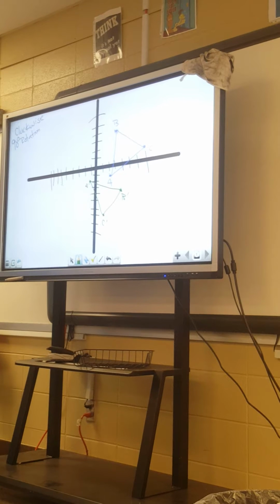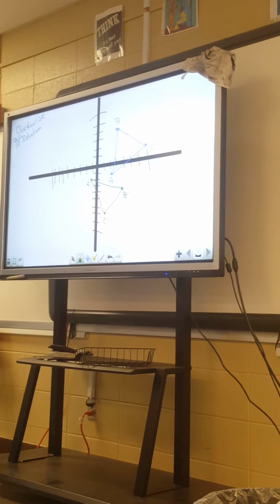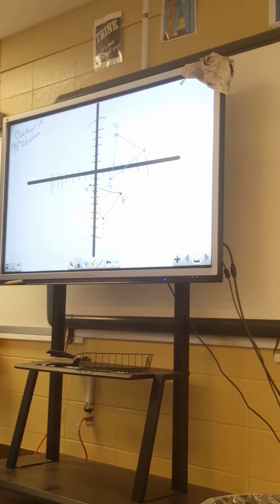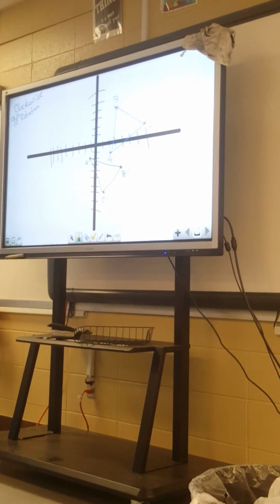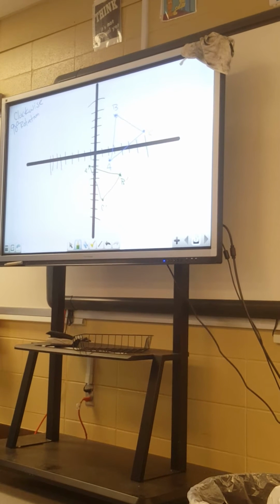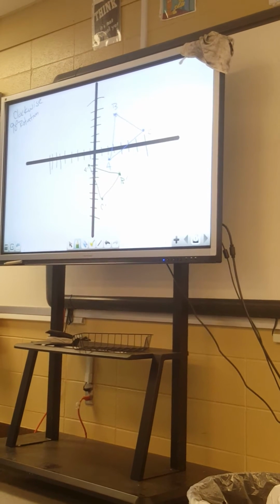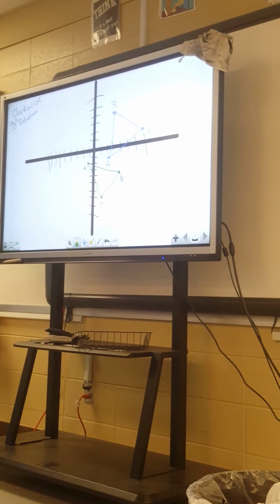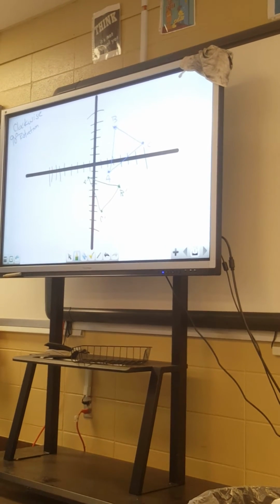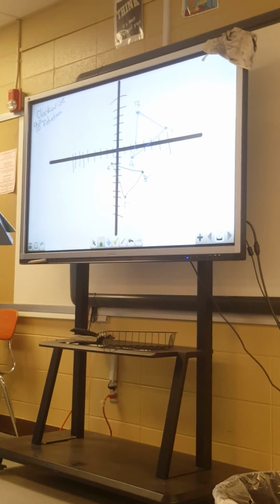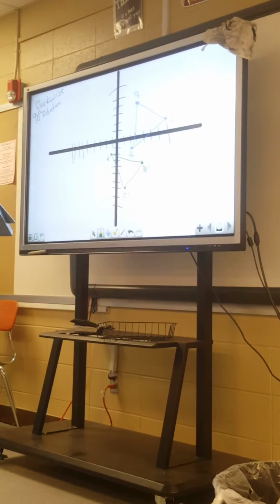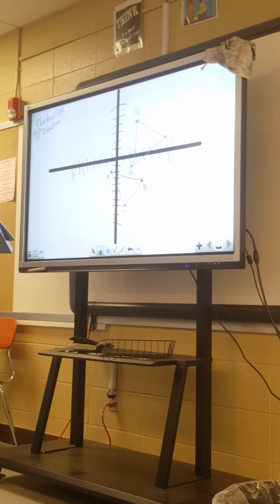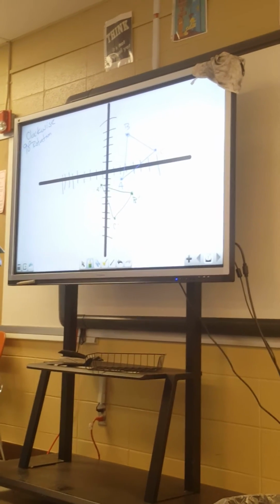Now, in order to have an angle of rotation, what two points need to be connected? Can I put A prime with B? What about A prime with C prime? We already have the fixed points.